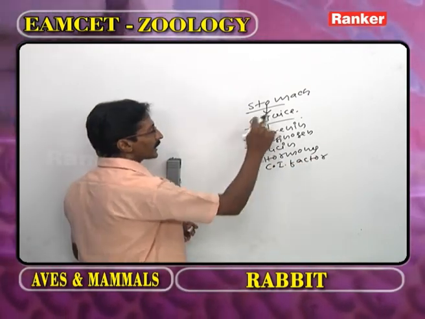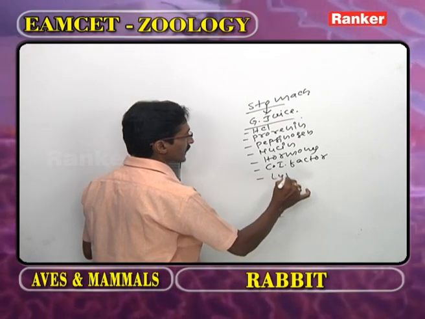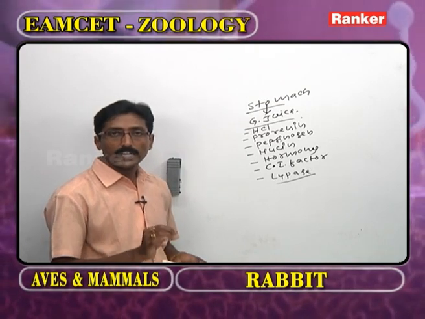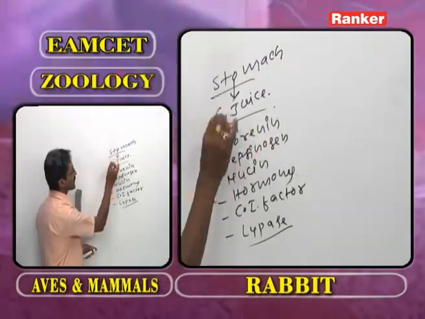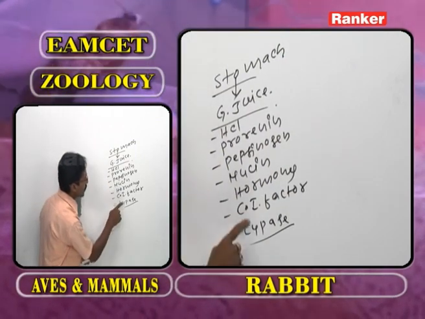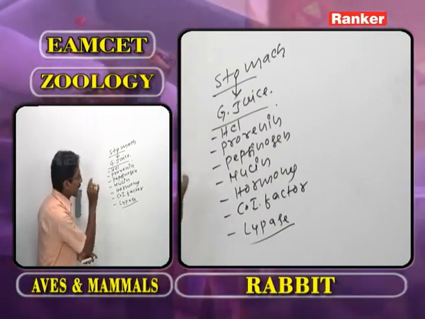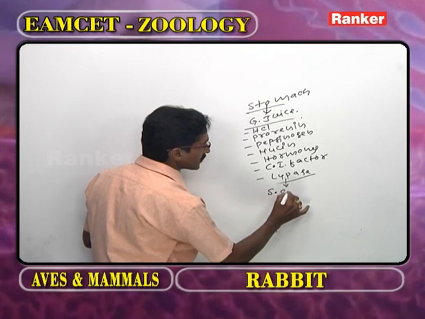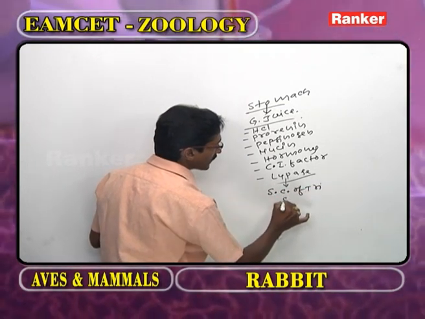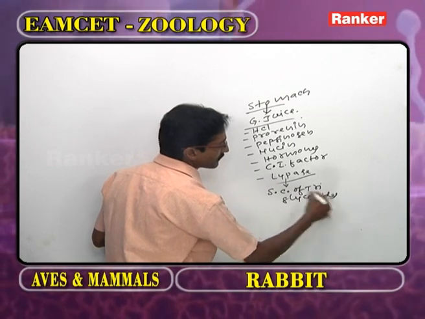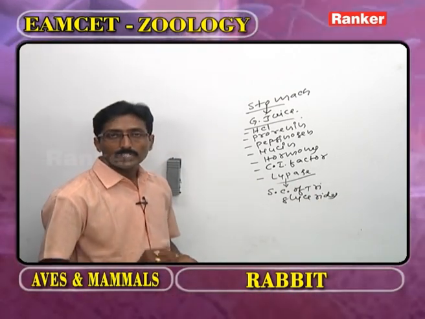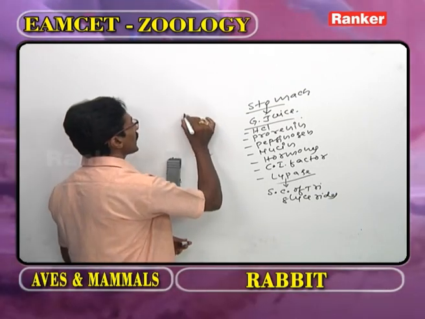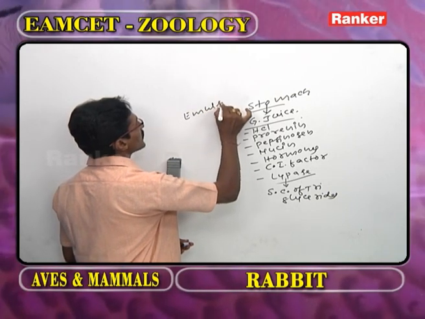In addition, what else is present in the gastric juice? Lipase is present. Here the lipase is called gastric lipase because it is present in the gastric juice. The lipase digests small chain triglycerides, because lipase works effectively only when the lipids undergo emulsification.